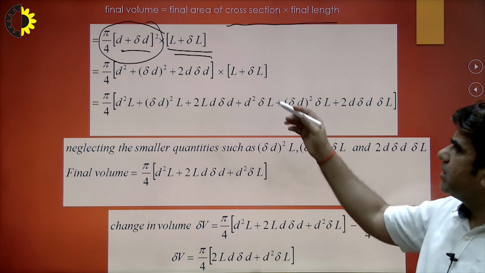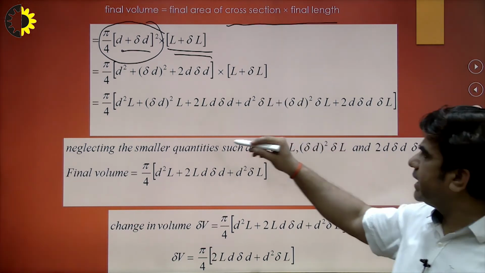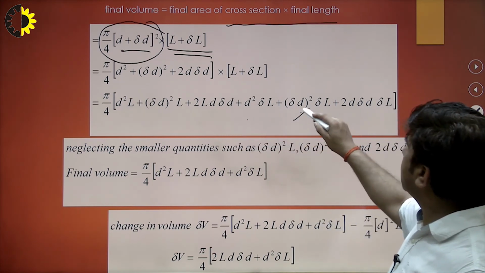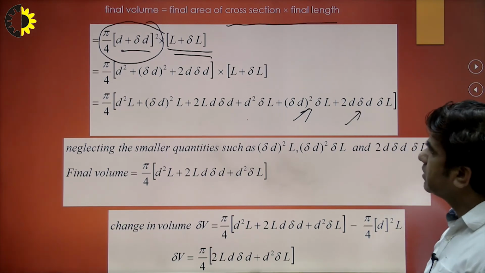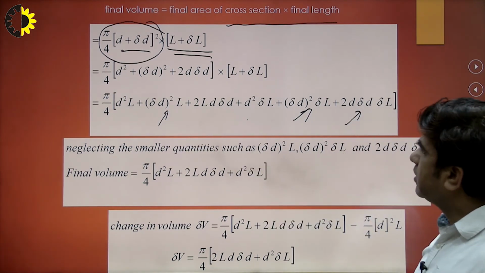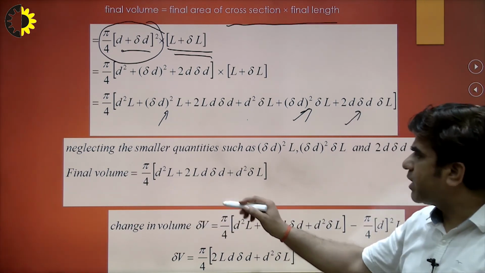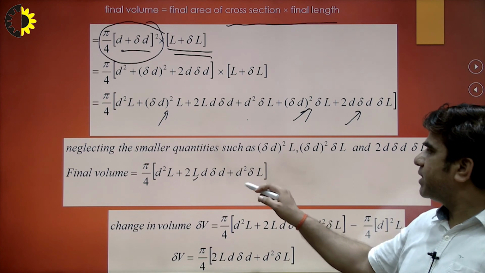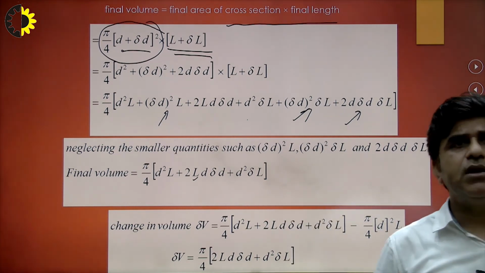Multiply these two, and after simplifying and neglecting the small quantities, like this being a small quantity can be neglected, this being a small quantity can be neglected, this being a small quantity can be neglected. After simplifying this, I can find the final volume as pi by 4 d square L plus 2 L d del D plus d square into del L. Okay. So, this is the final volume and we are known about the initial volume.